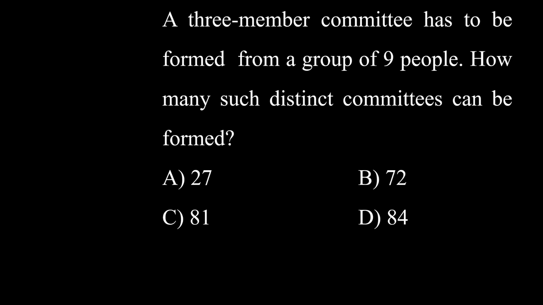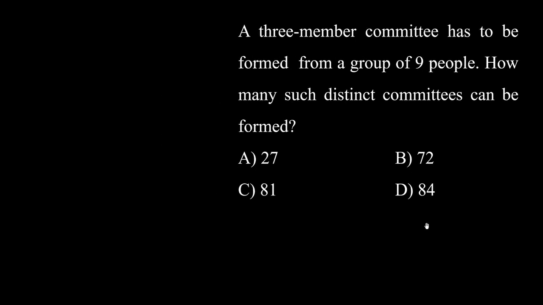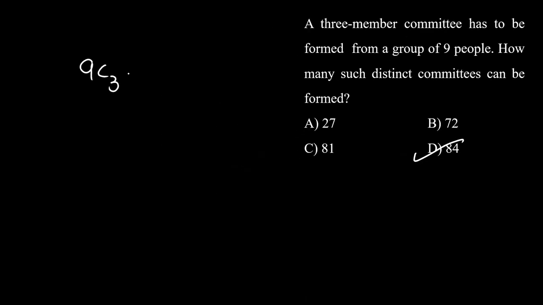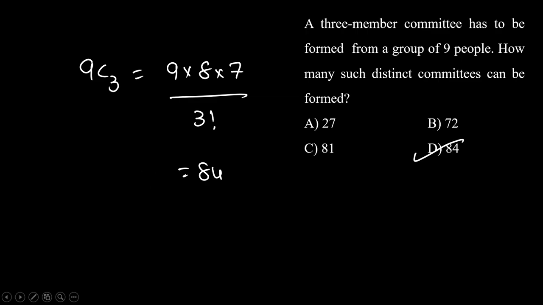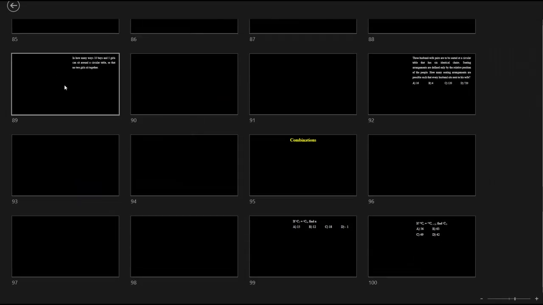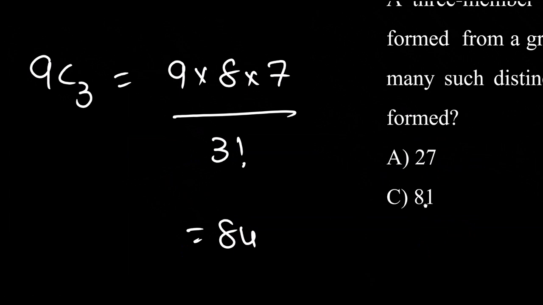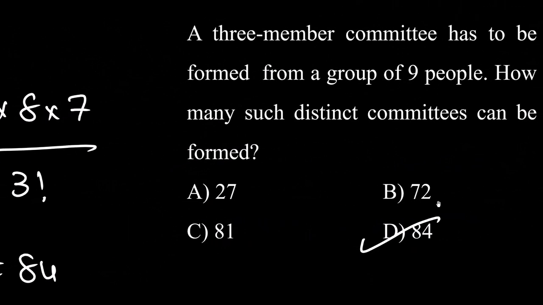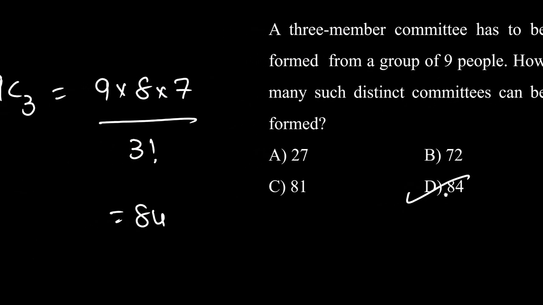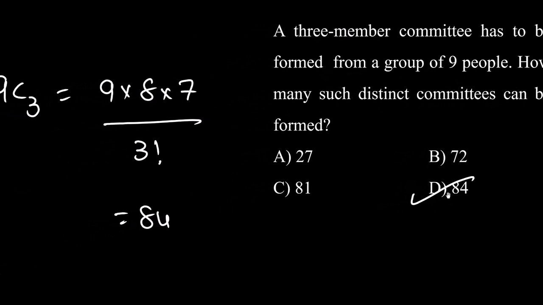A simple 9C3, 9 into 8 into 7 divided by 3 factorial 6, which is 84. 9C3, 84 is your answer.